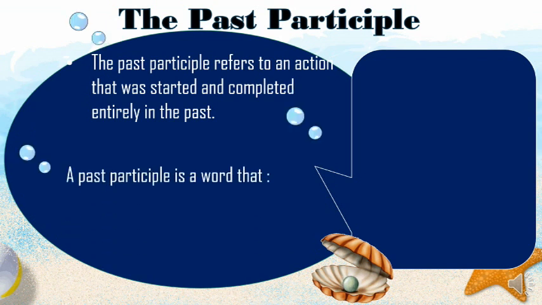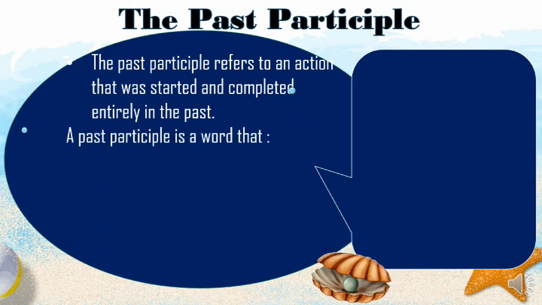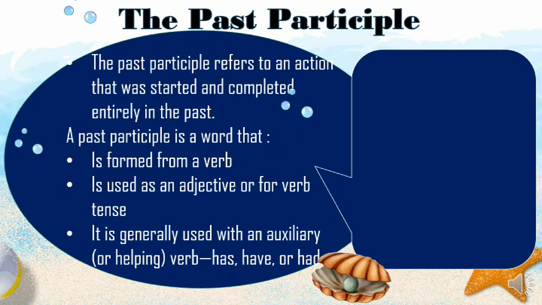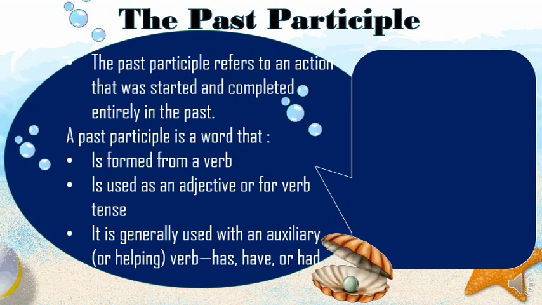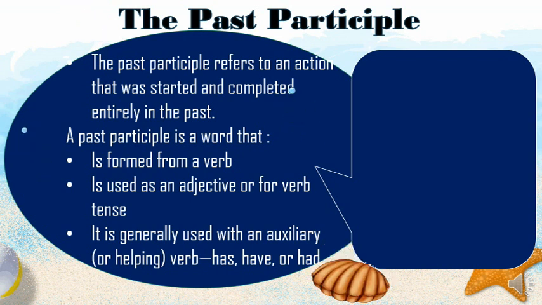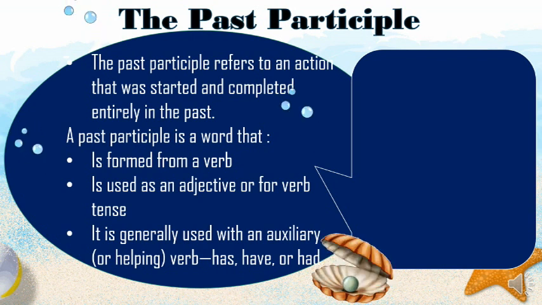Is it clear, students? Okay, a past participle is a word that is formed from a verb, used as an adjective or for verb tense. It is generally used with auxiliary or helping verbs such as has, have, or had.